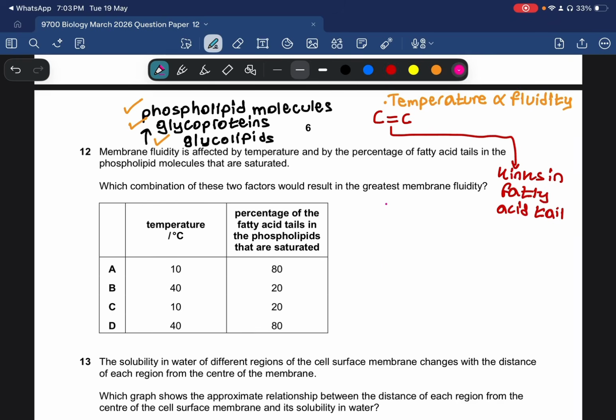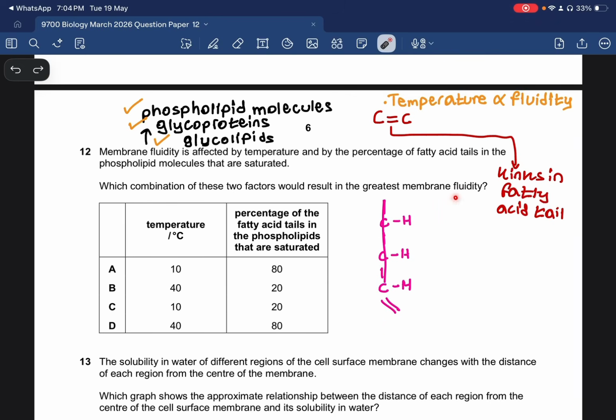So take a look at this. This is a simple fatty acid tail, which is carbon, hydrogen, or let me just draw the bonds. Carbon, hydrogen, carbon, hydrogen, carbon, hydrogen bonds, and so on. However, if I give a double bond here between two carbons, this is no longer going to be a straight line.